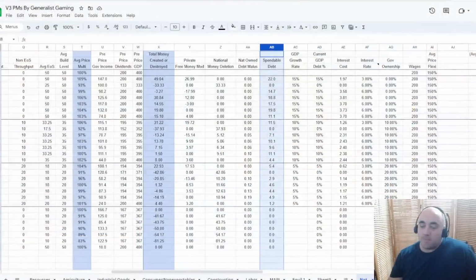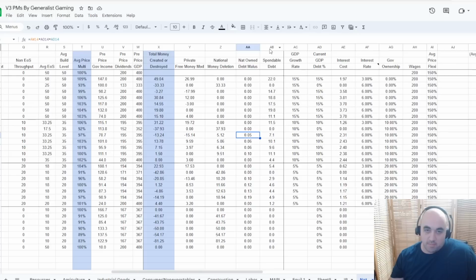And so one of the problems is that the way you would calculate how much debt you would need in order to stay on the exact percentage of debt as you increase the size of the GDP, we don't have that done. And that would be really complicated to do.